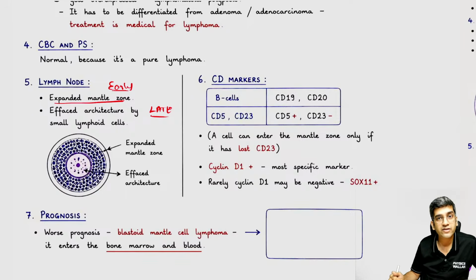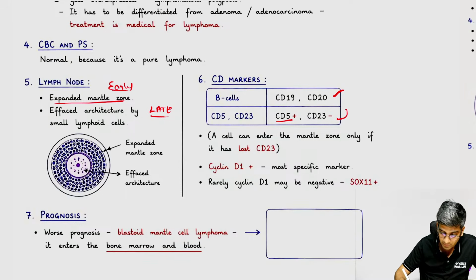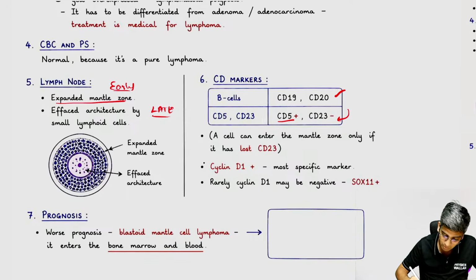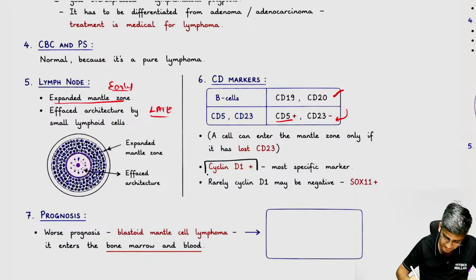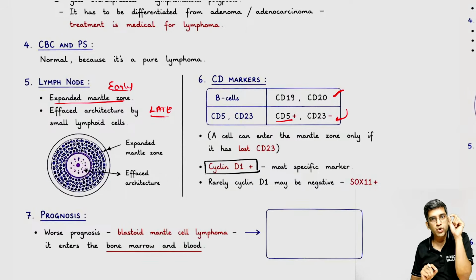Then how do I identify it? By markers. Same routine. I know it's a B cell lymphoma, so I know B cell markers. Then CD5 will be positive here, CD23 will be negative here, but the most important one for us is cyclin D1. Cyclin D1 is the most specific marker because that's the pathogenesis.